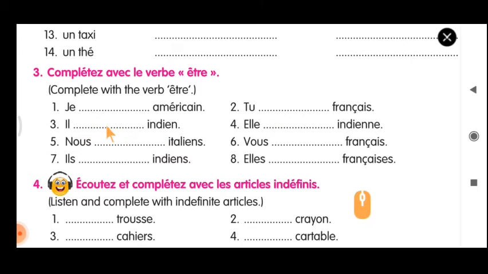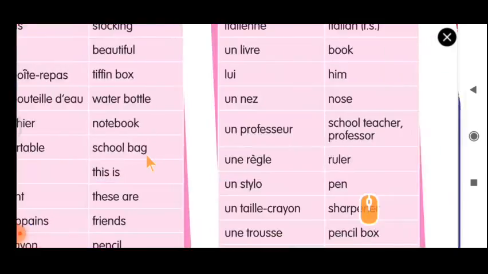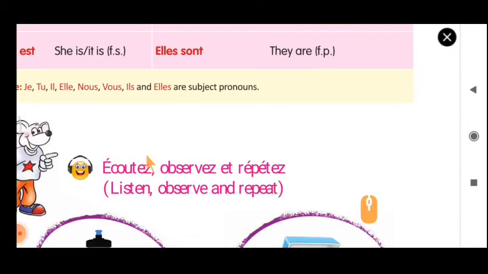And il est indien. Here the answer is EST. Il est indien. And here it is elle est indienne. Again EST. So here also EST, here also EST. And likewise, nous dash italien. So we'll go and check once. Nous sommes italiens.